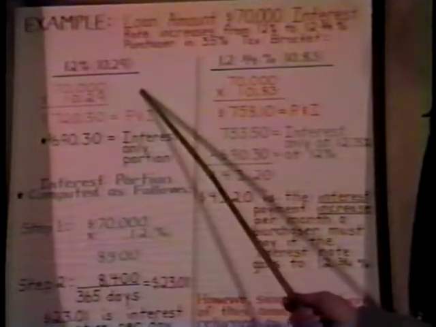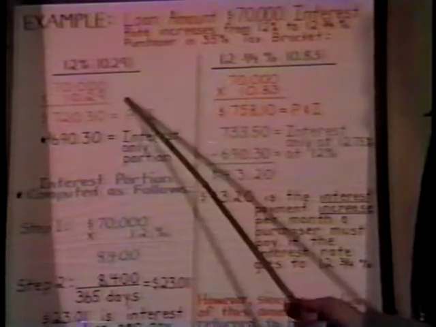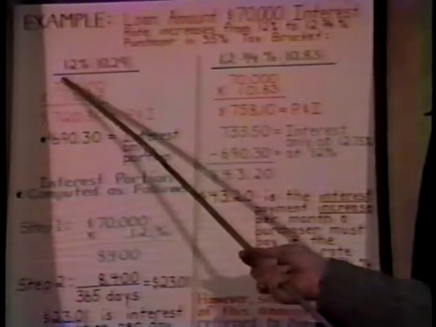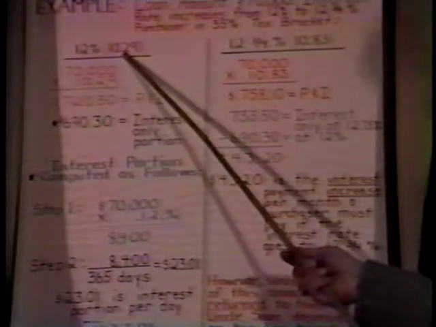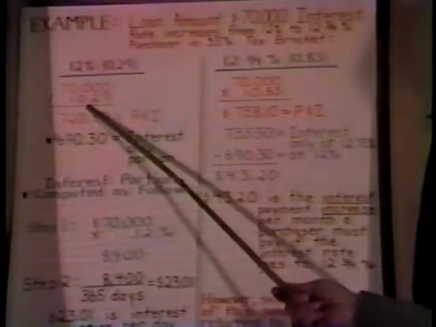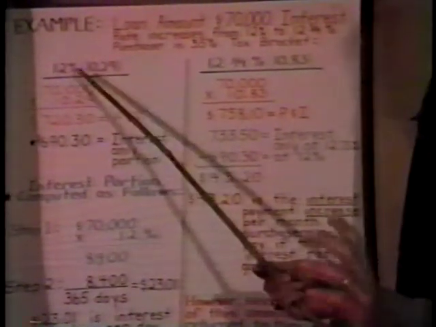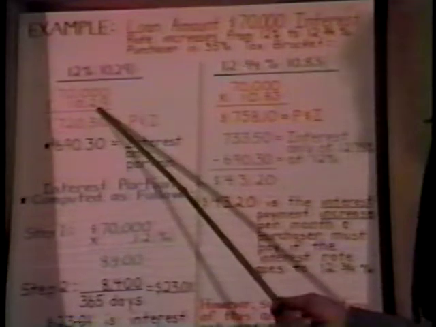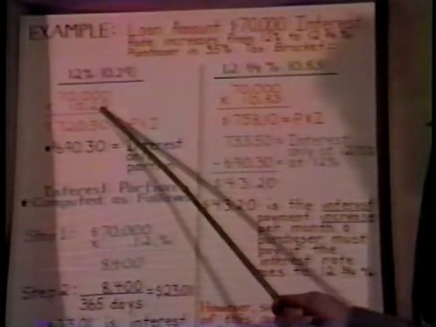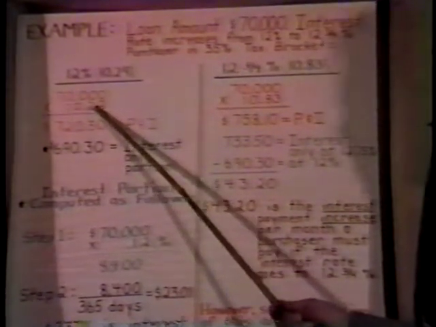The first thing you have to do in this close is you take the interest rate is 12%. The rate per thousand comes to 10.29. Okay? You multiply the loan amount. Now, by the way, it doesn't make any difference if it's 14 or 15, 7, 8%. You can sit down and work this out any way you want. Okay? The key is to do it in front of somebody so you seem real smart. All right.